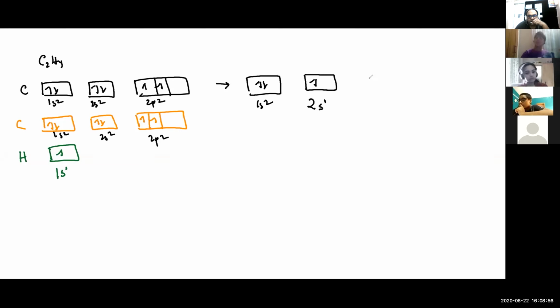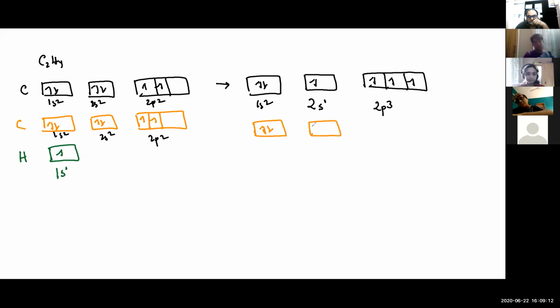It becomes 2s1 and 2p3. Same for the other carbon: 1s2, 2s1, 2p3.